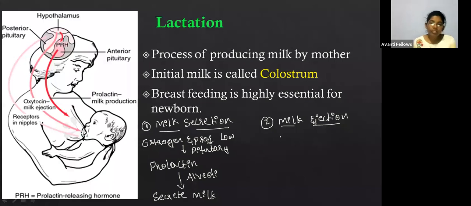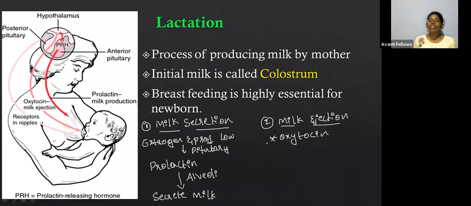Okay, now how the milk is going to be ejected is by the oxytocin. How this oxytocin is produced is that once the baby suckles the nipple, that is going to stimulate the brain or stimulate the pituitary gland. That pituitary gland is going to produce the oxytocin.